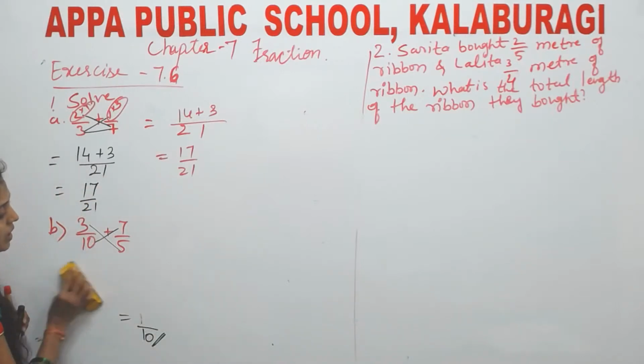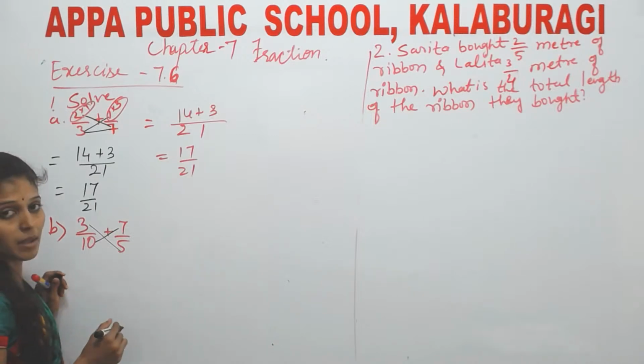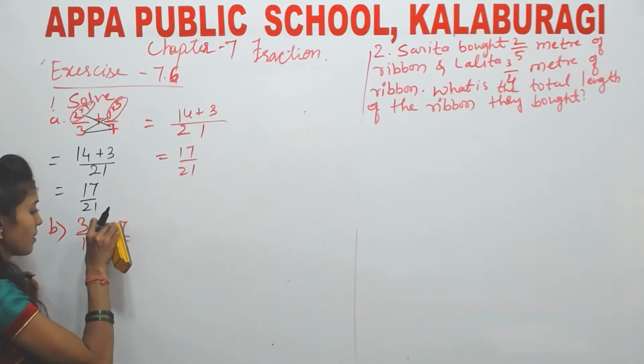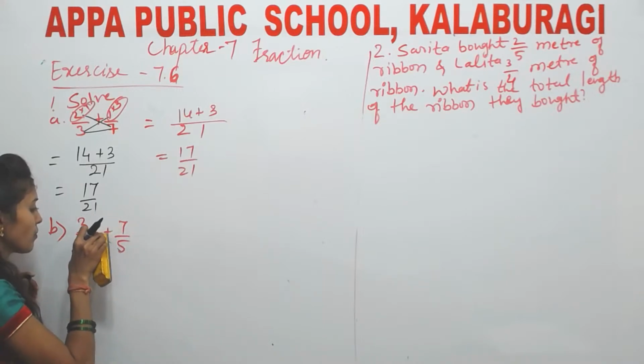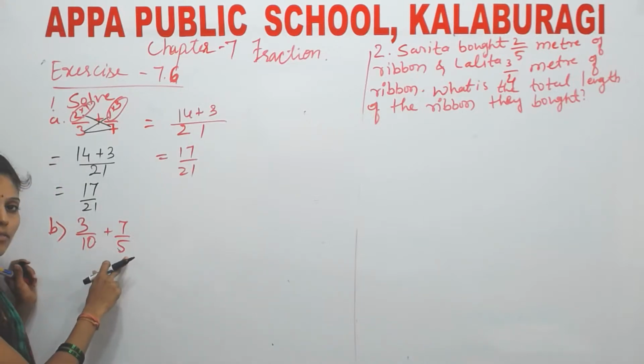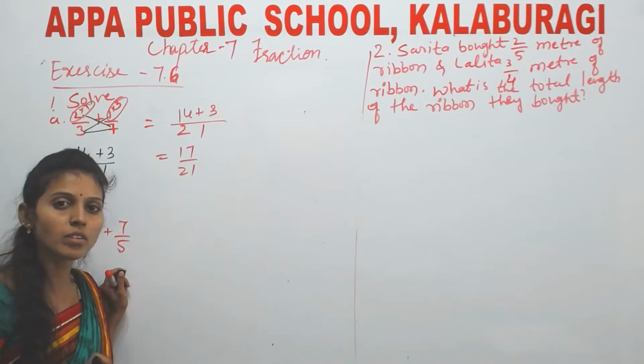If we use the LCM method, LCM of 10 and 5 is 10 only. What is meant by LCM?